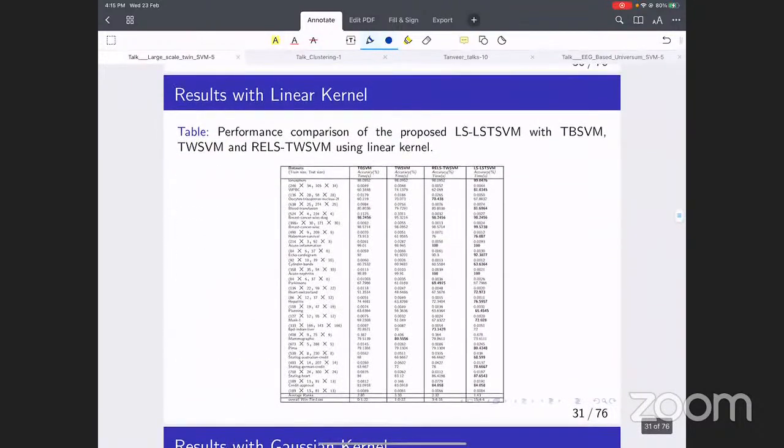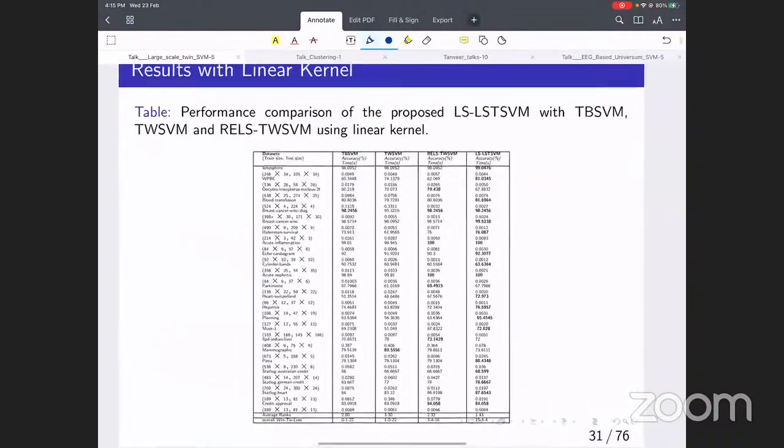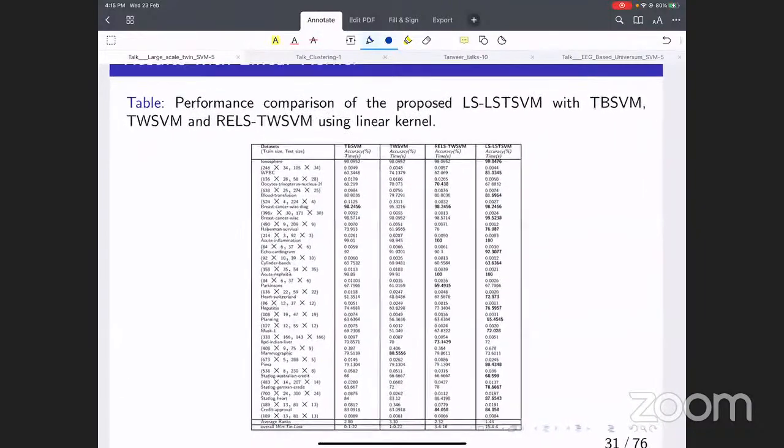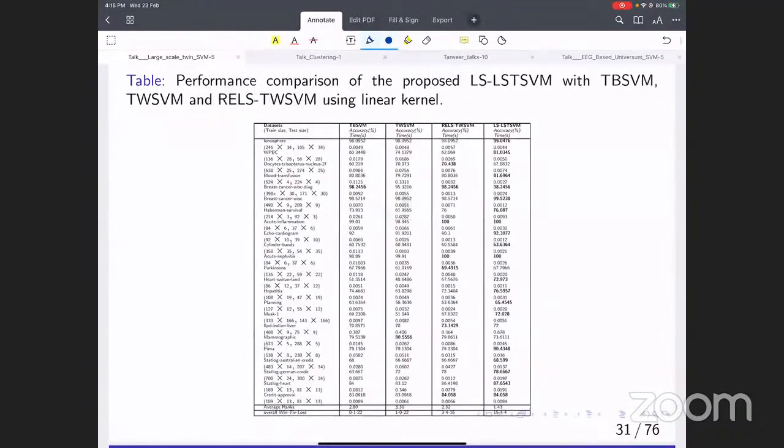So now I'll try to show you some experiments here. The idea is that we developed this algorithm for larger scale data. We have seen for the smaller size data that it is performing very well.